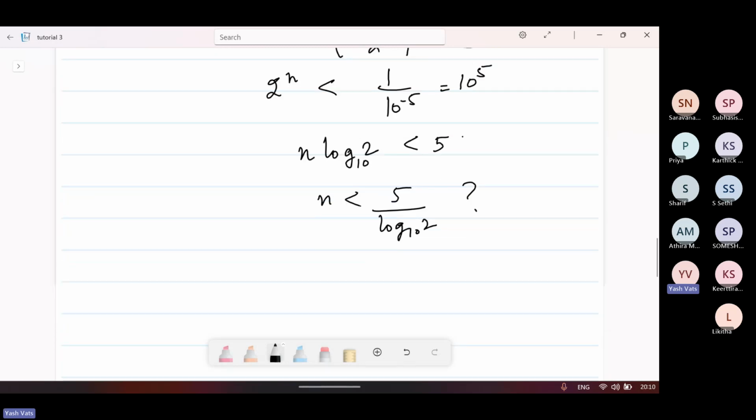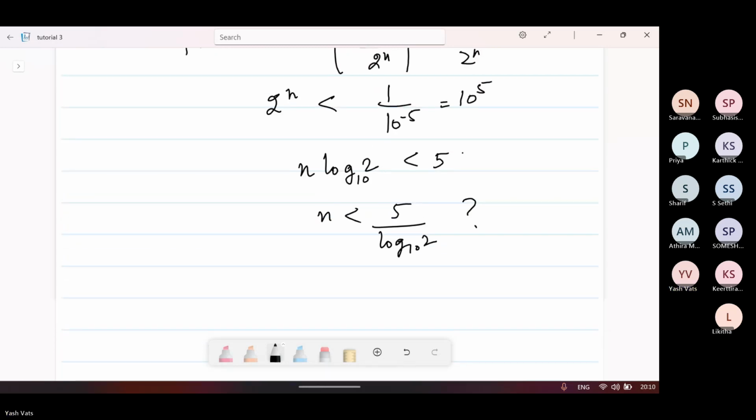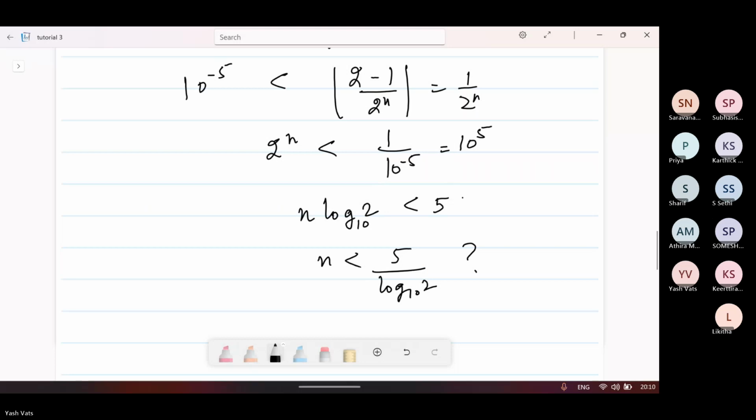Can you find out this value? It is 5 divided by log base 10 of 2. So there is no use of the function you can see in it.